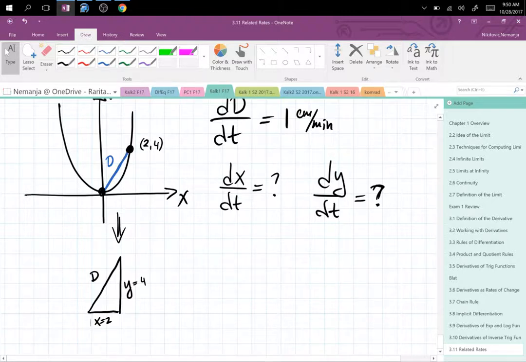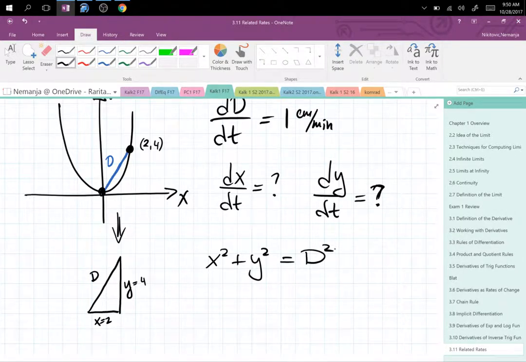What mathematical concept can I write that would be useful to us from this particular picture? Pythagorean theorem, because you have x squared plus y squared equals d squared. You realize quickly that all three are variables, because as the bug is moving, the distance to the origin is changing, and the location of the bug is changing as well. So all three are variables.